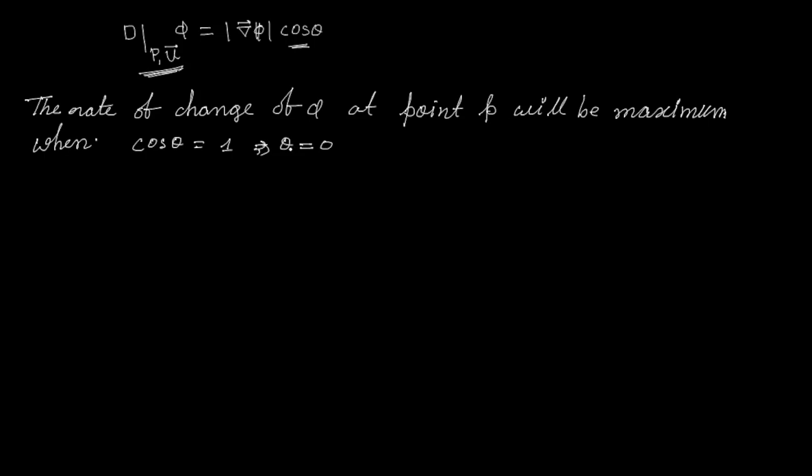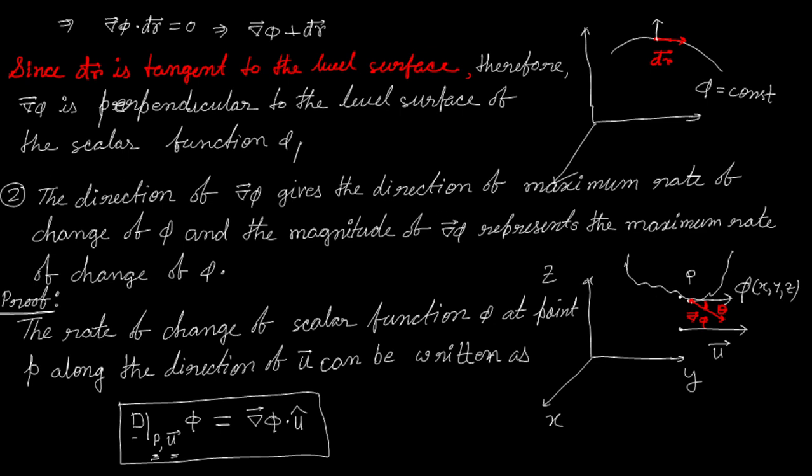And what this suggests is, if we go along the directions of grad phi, so if we consider this u vector along the directions of grad phi, then only the rate of change of phi will be maximum.